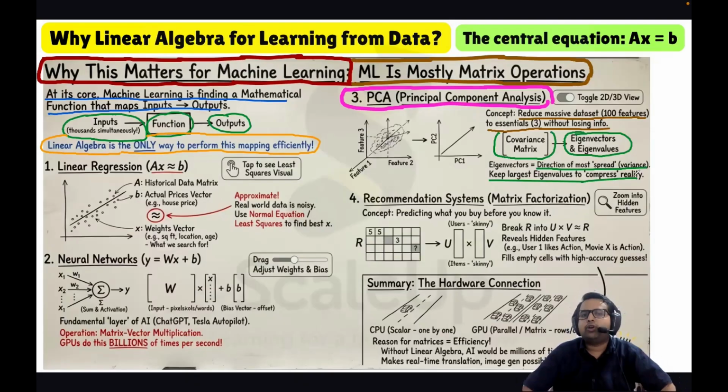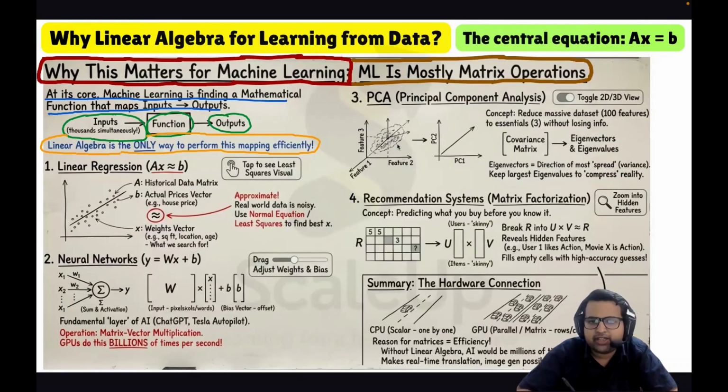So in principal component analysis, we convert our massive data set into a covariance matrix, get the eigenvectors and eigenvalues of that covariance matrix, and use them to reduce the massive data set to fewer features without losing information.